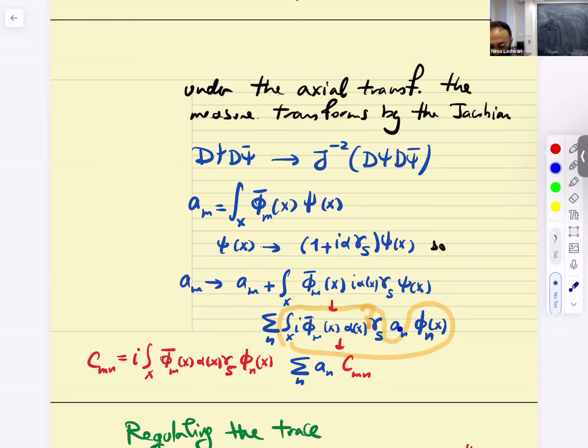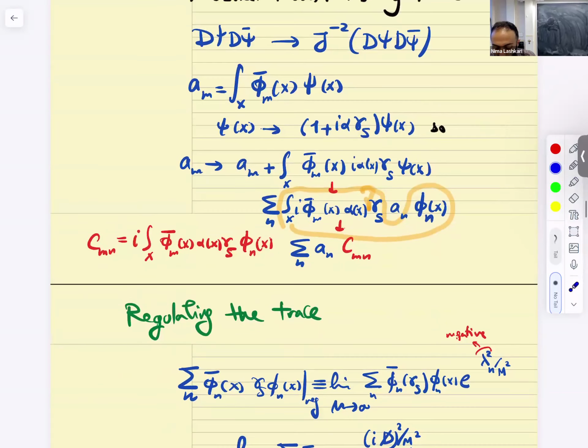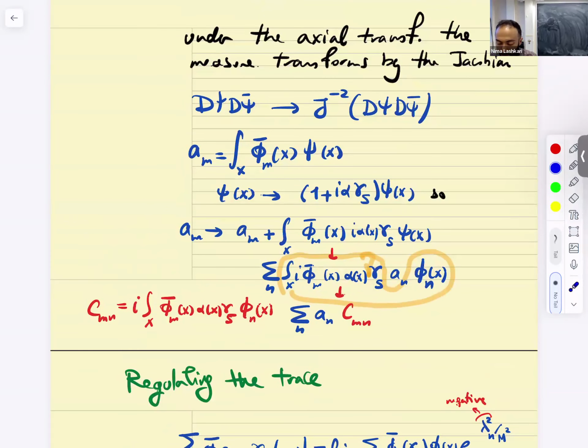Now I'm going to call this C_mn, and basically what you obtain is that a_m goes to a_m plus the sum over n of C_mn a_n. And C_mn is just basically this integral. Of course, it's gauge dependent, but we're going to be interested in the determinant of it.